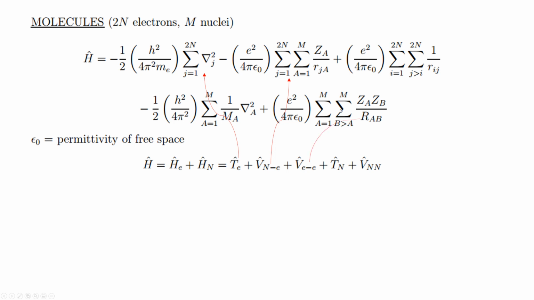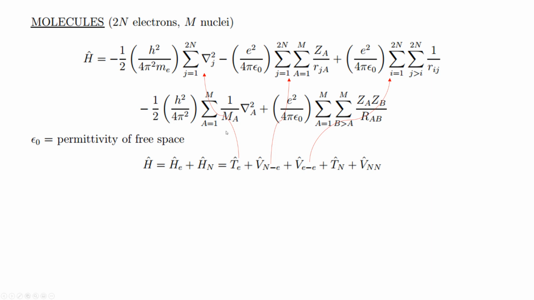Now the third term represents the electron-electron repulsion between two electrons, I and J. And this is really the most difficult part in solving the Schrödinger equation, and that's what we call the two-electron integral. This is the most difficult term we calculate when trying to solve the Schrödinger equation.